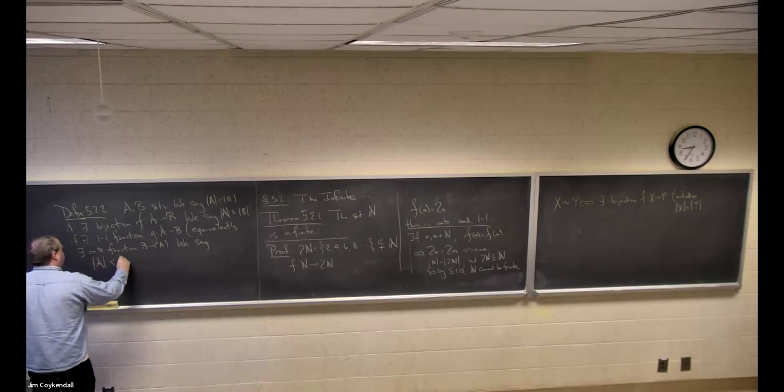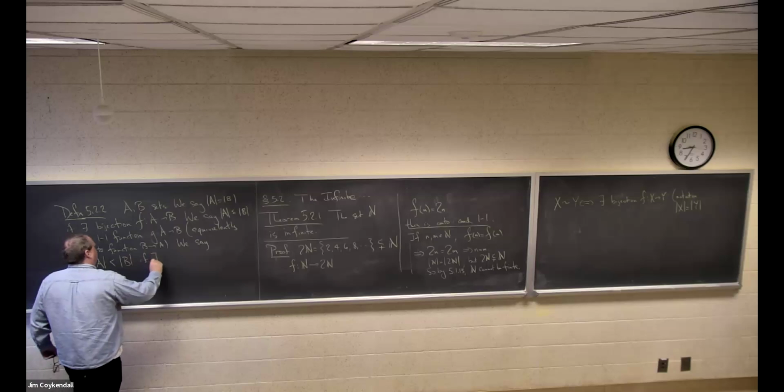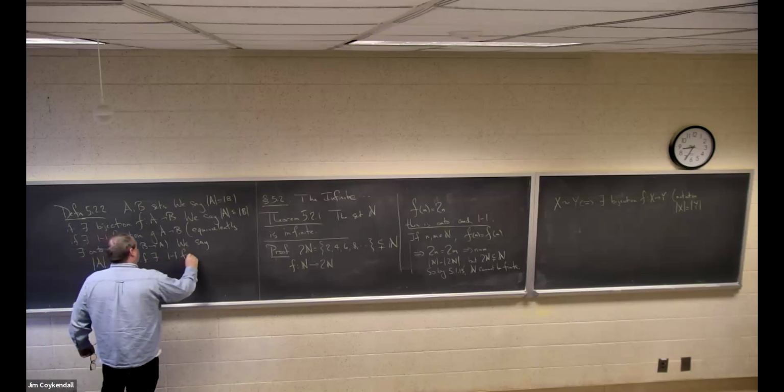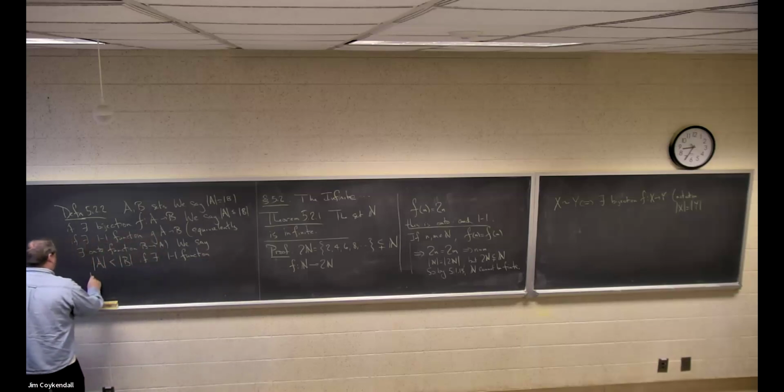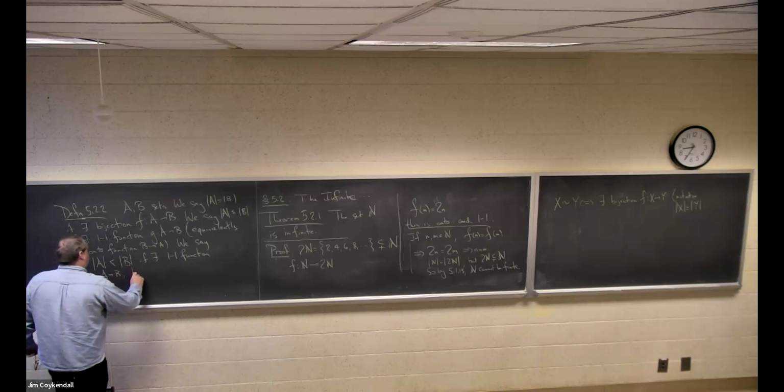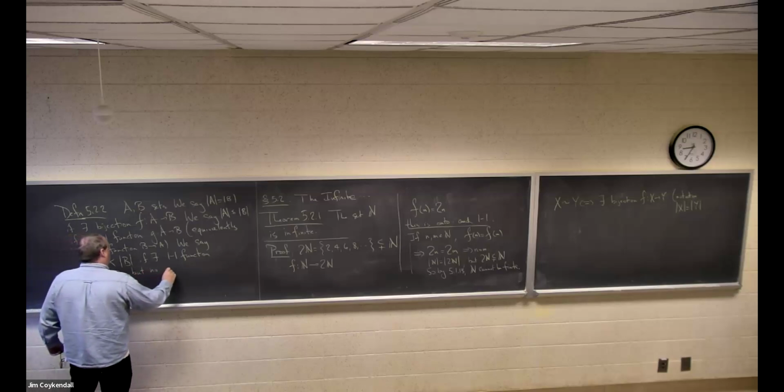We say the cardinality of A is strictly less than that of B if there exists a one-to-one function, maybe, but no onto function.